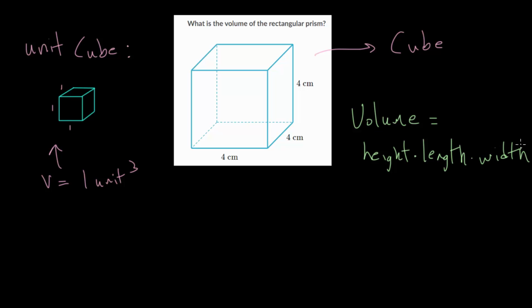This is the formula we found, but it just comes from splitting up this bigger shape into a bunch of unit cubes. So let's do that first. Let's look at what happens when you split this up, and then we can count it out and compare it to this formula to make sure that it does in fact make sense.